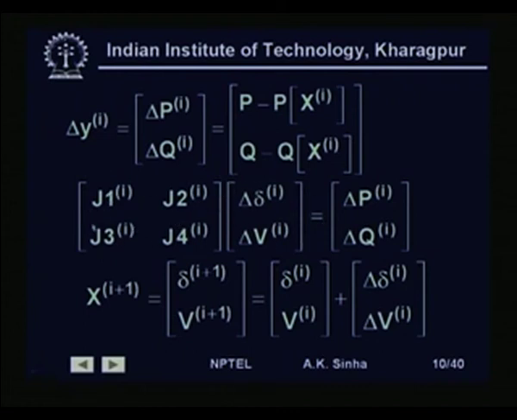In general, the Jacobian matrix will be a sparse matrix, just like the Y bus matrix, which is a sparse matrix, because we know all the buses are not connected to all other buses in a large system. In fact, each bus may be connected to just a few other buses, and therefore the Y bus will contain a large number of zeros.